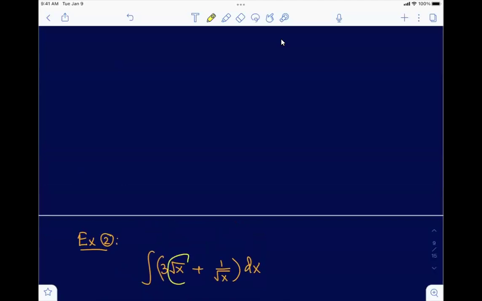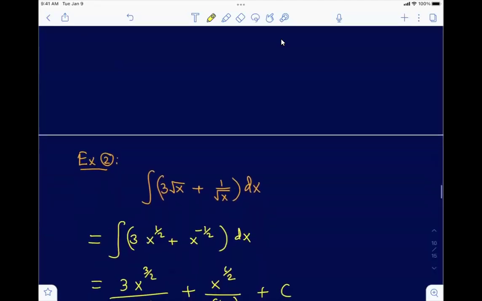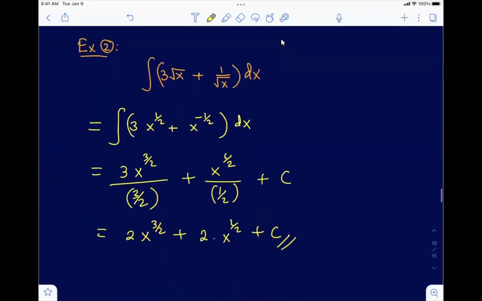The square root of x is none other than a power of x. 1 over square root of x is again that. Square root being a power, the exponentials, this can be translated. So this is what you see right here in the process. x to the 1/2 and then x to the negative 1/2, and then you use the power rule.